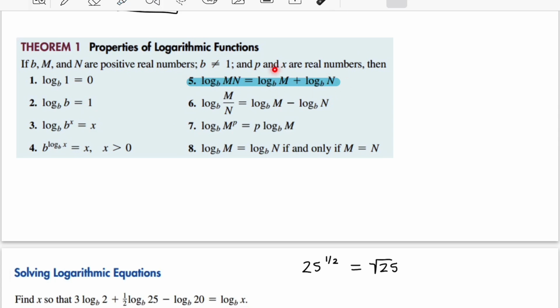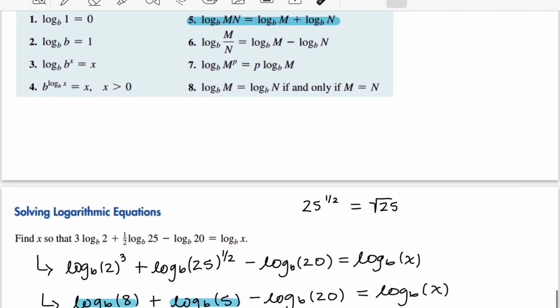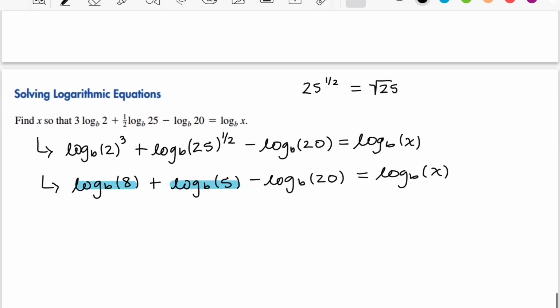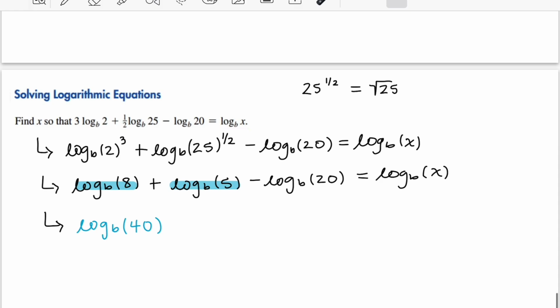That's a little bit of a mouthful, but what we can do is rewrite the sum of these guys just like this here. And so we end up with log base b of 40, because we're just multiplying 8 and 5 here. And then we still have our log base b of 20, and all of this is equal to log base b of x.